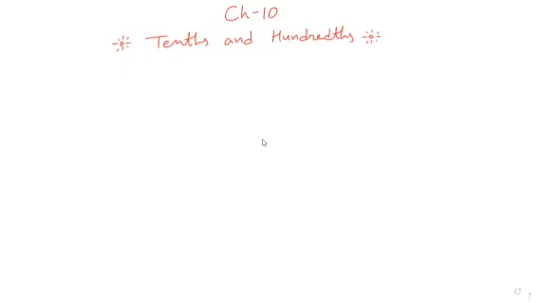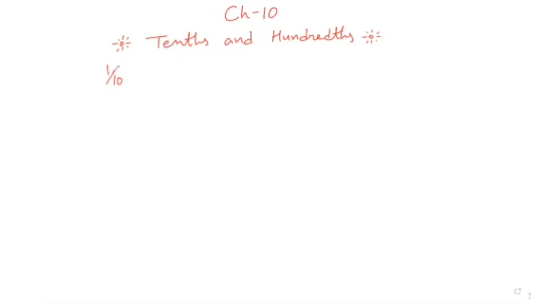As the name tells, tenths. Tenths means 1 upon 10th part. Okay, it is just like a fraction. When we are representing anything in fractional form, we are writing it in the form of numerator and denominator.